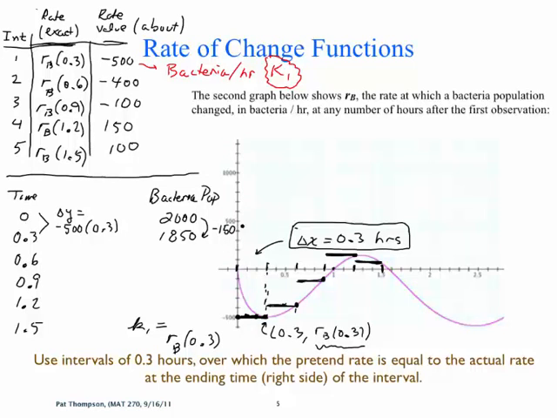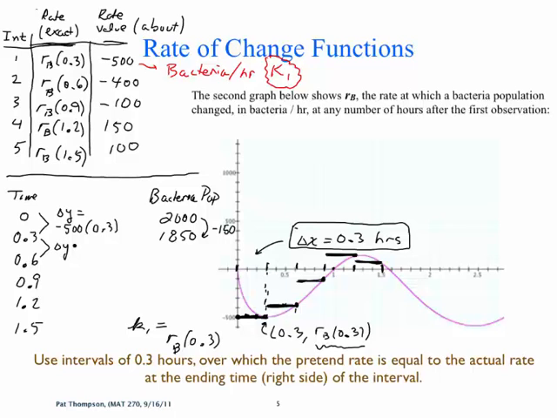The change is negative 150. Delta Y is K delta X. Okay, next interval. How much did the bacteria change according to our pretend function? What's K? Negative 400.